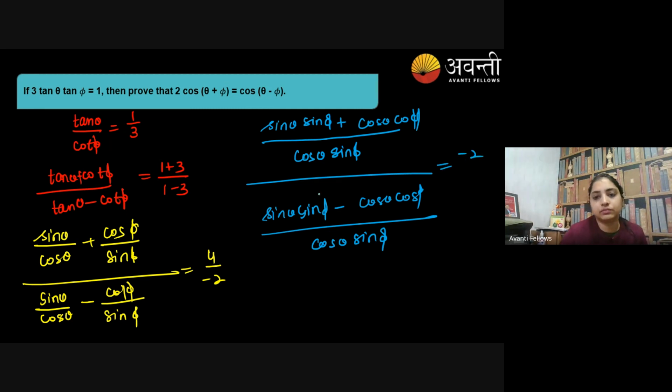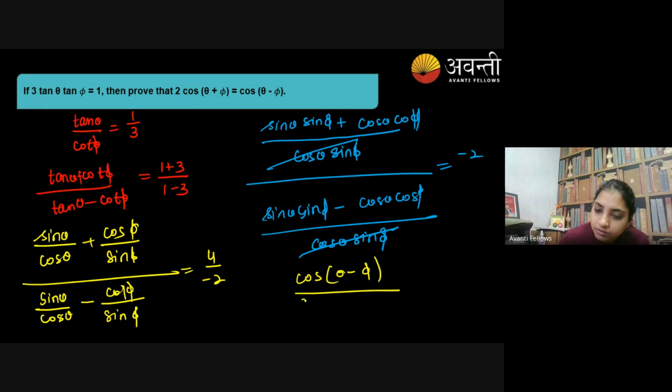Minus 2. So cos theta sine phi is cancelled. So numerator will look like cos theta minus phi and denominator will look like cos theta plus phi, and minus will be common, which is equal to minus 2. Minus and minus cancelled, then you get the answer. Yes or no?